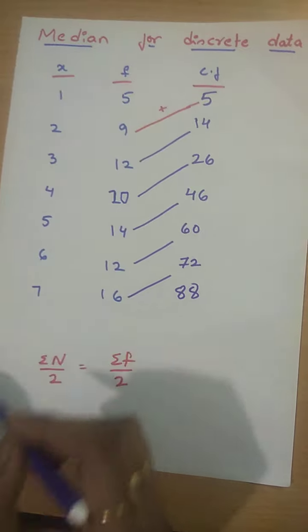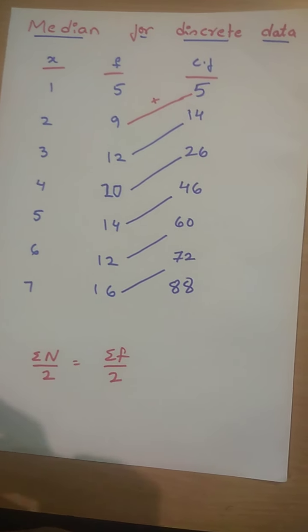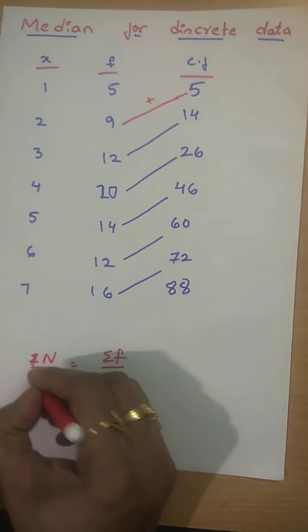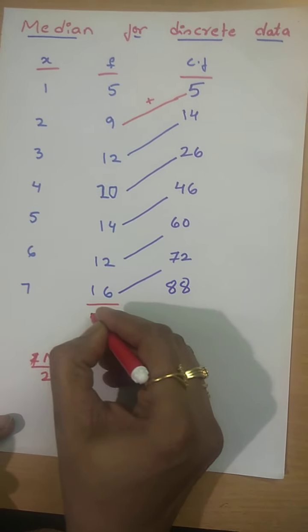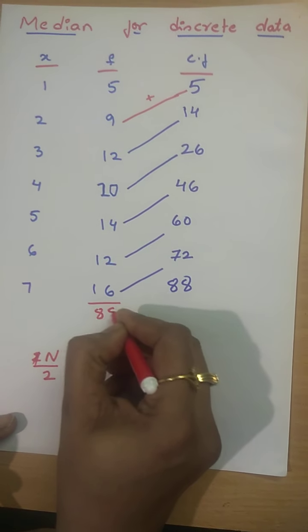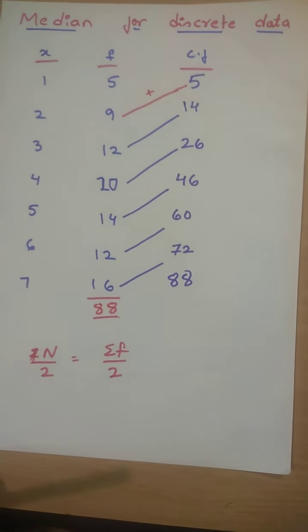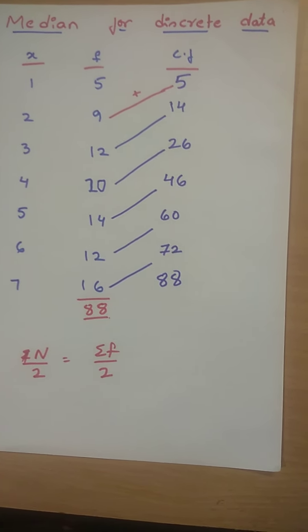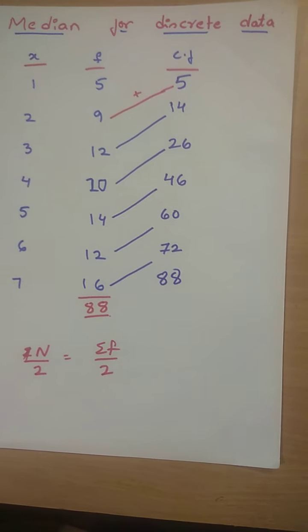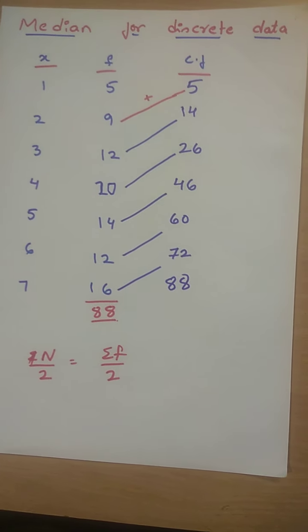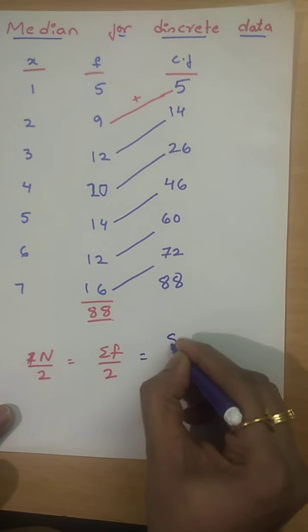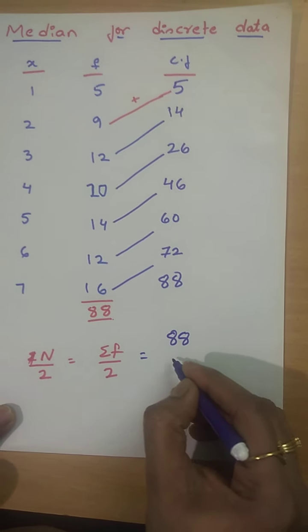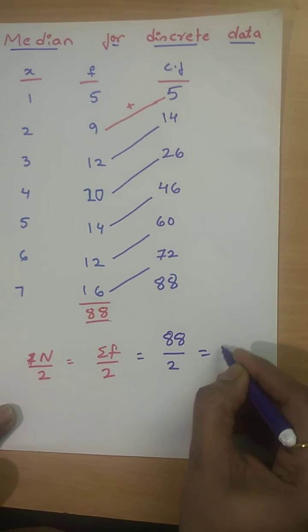So here n is nothing but summation f, which is equal to 88. Now we need to find summation f divided by 2. So 88 divided by 2 equal to 44.